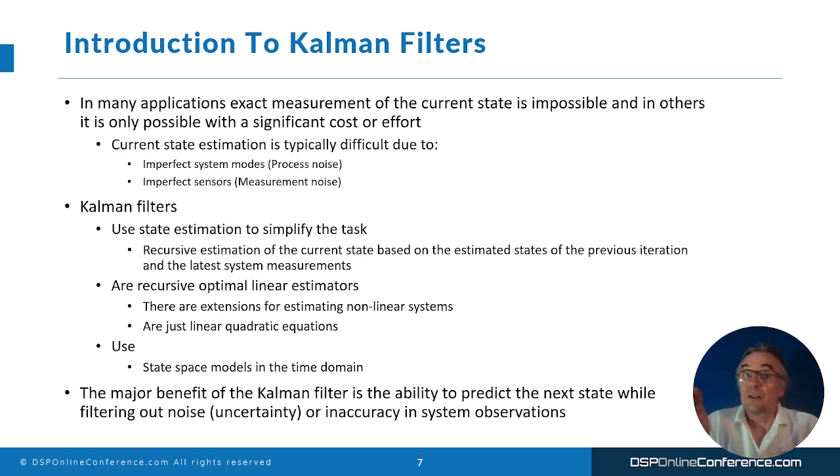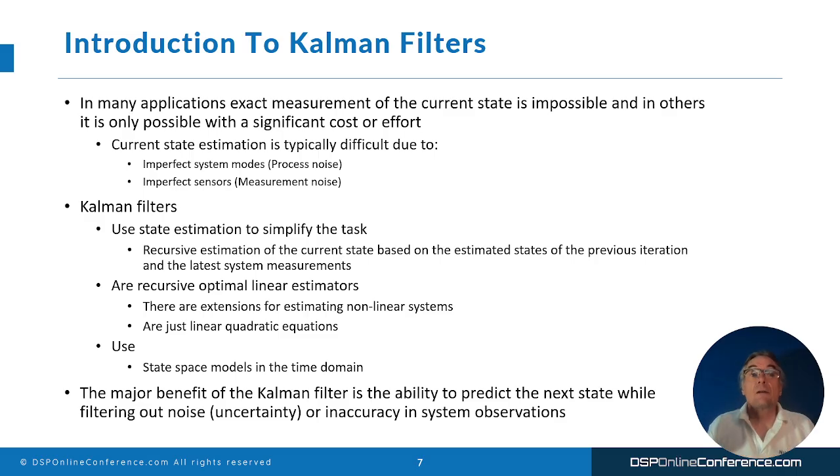As I mentioned at the start, there are extensions for estimating nonlinear systems, but we're not going to cover those this afternoon. Kalman filters basically use a state space model in the time domain for performing this estimation, and that's what we're going to talk about.